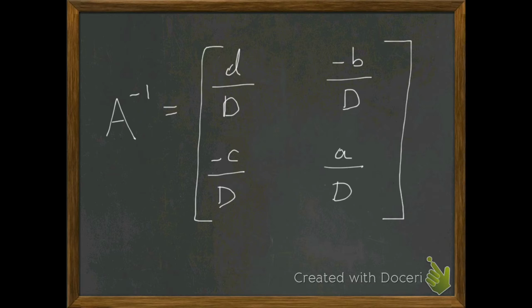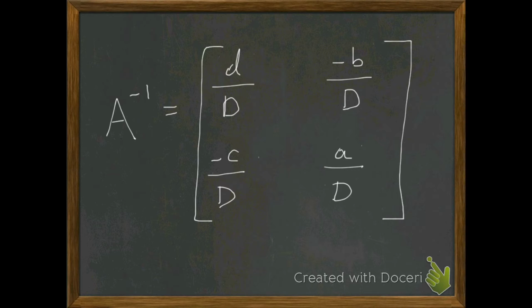I'm not going to go through the calculations of that, but I always just remember A, negative D. So that's what we'll use for the inverse of a 2 by 2 matrix.